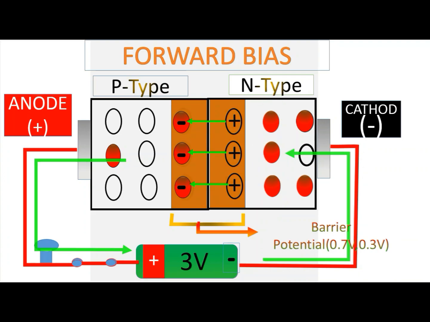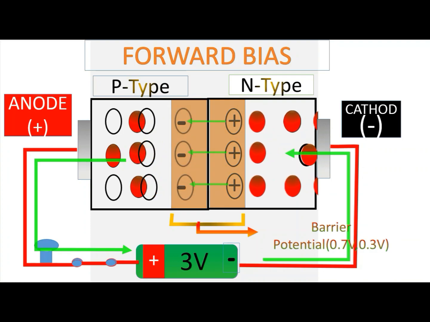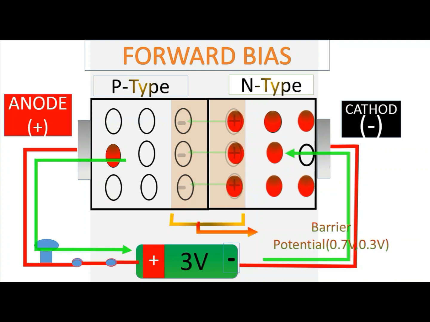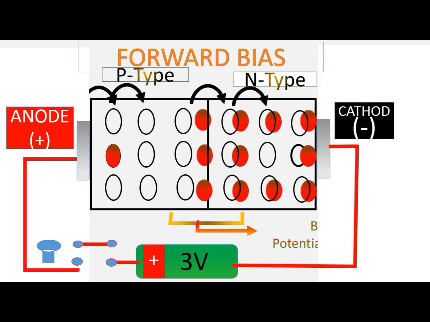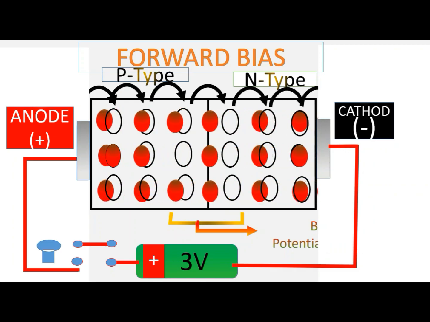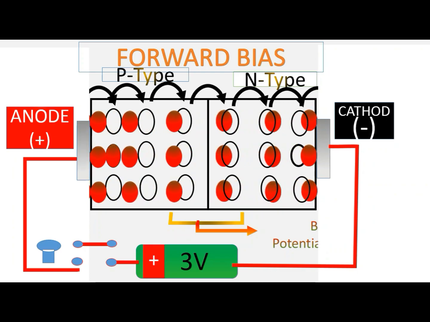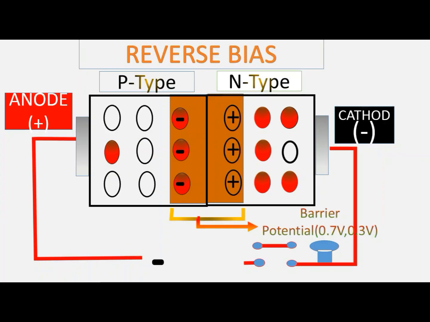In this way, the width of the positive impurity ion layer reduces and finally vanishes. After the depletion layer or barrier disappears, there is no obstacle to current flowing through the junction. Electrons can easily flow from the N-type region to the P-type region. Here the source voltage must be greater than the barrier potential voltage for current to flow through the junction. If the source voltage is less than the barrier potential, there will be no flow of current.